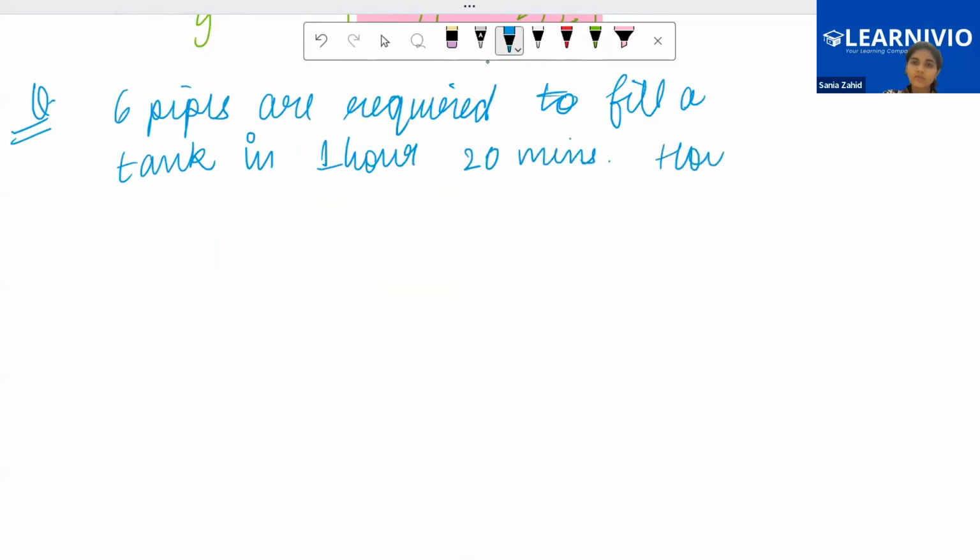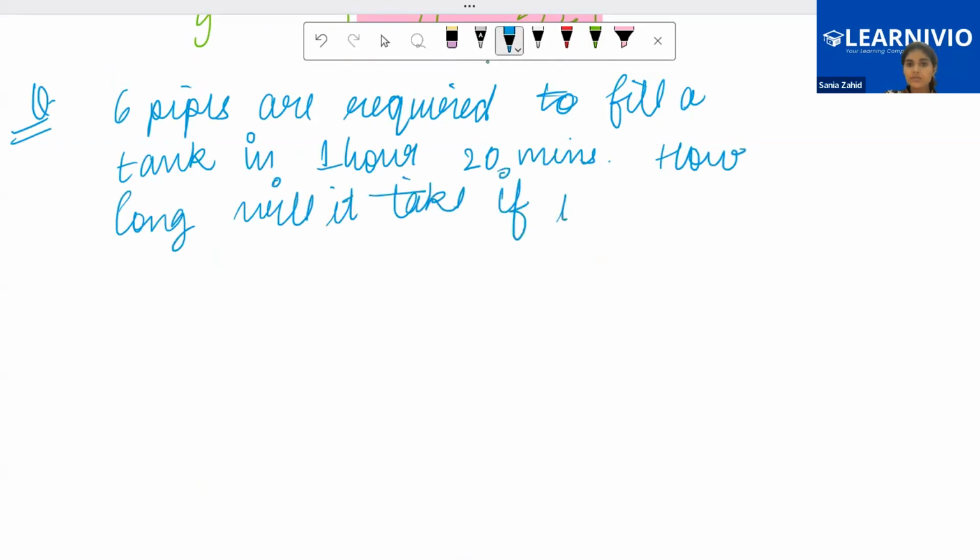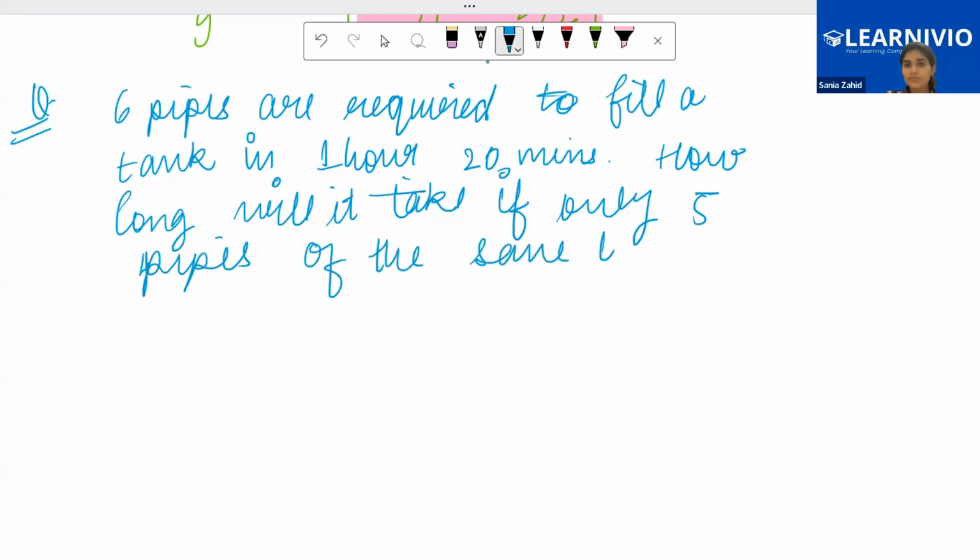How long will it take if only 5 pipes of the same type are to be used? Now, first you analyze this problem.